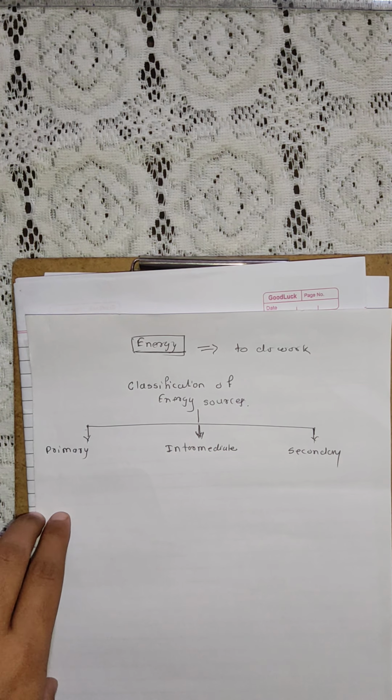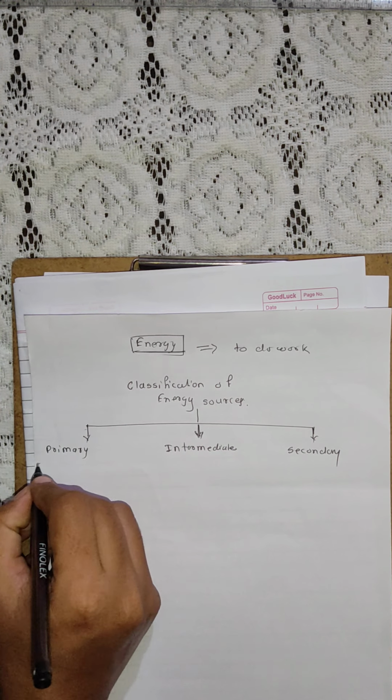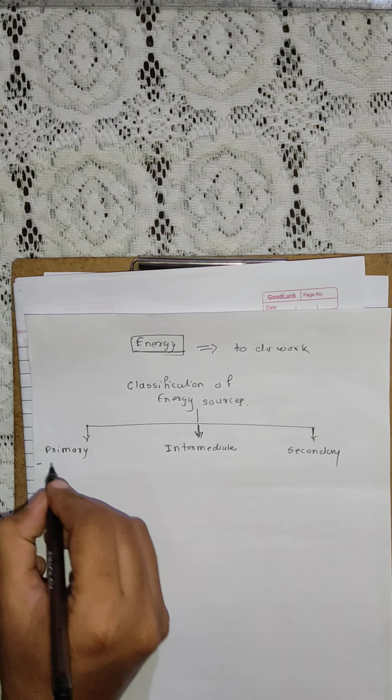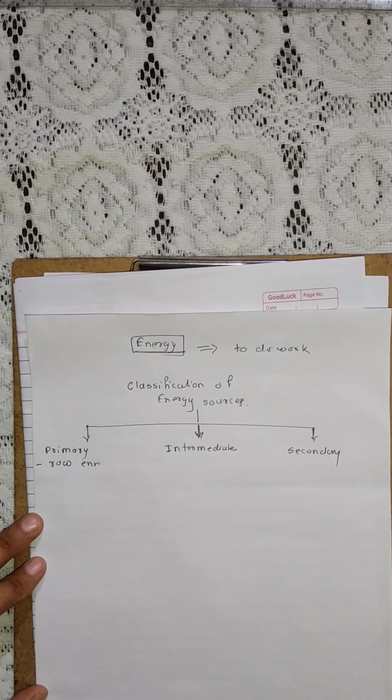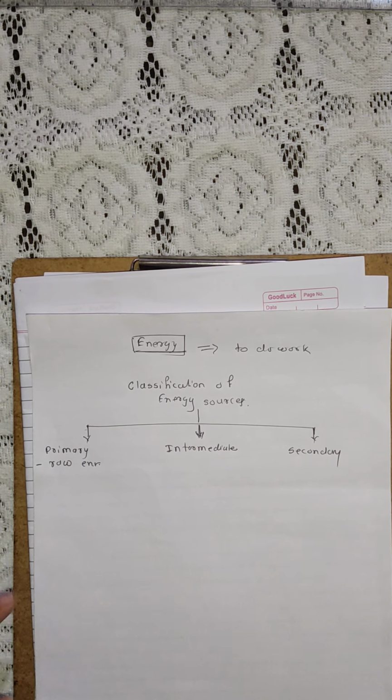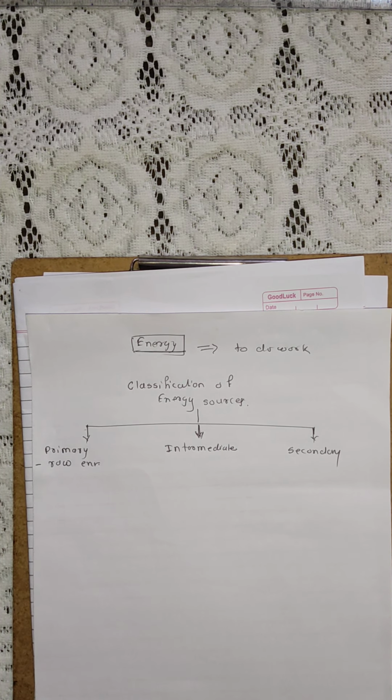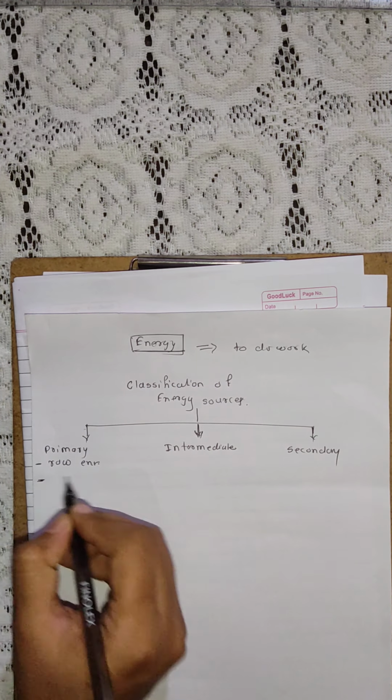What is primary energy source? It may also be called raw energy. This primary energy is directly available from nature. For example, solar energy, directly available in nature.